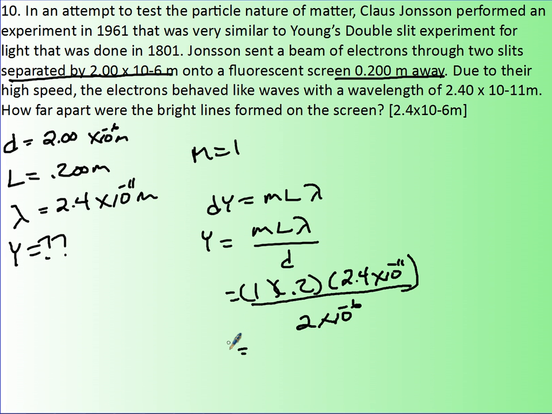All right, go on and multiply these out. 0.2 times 2.4 times 10 to the negative 11 is 4 times 10 to the negative 12 divided by 2 times 10 to the negative 6 gives me, did I do that right? I did that wrong. This is 4.8. Gives me 2.4 times 10 to the negative 6 meters.